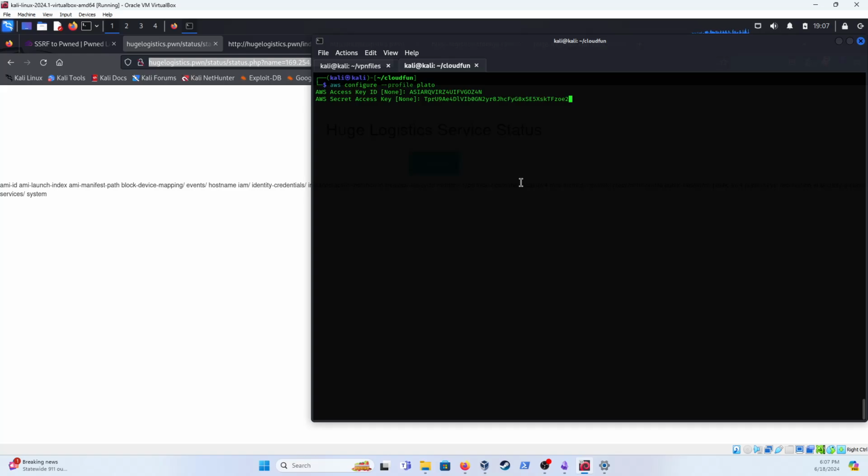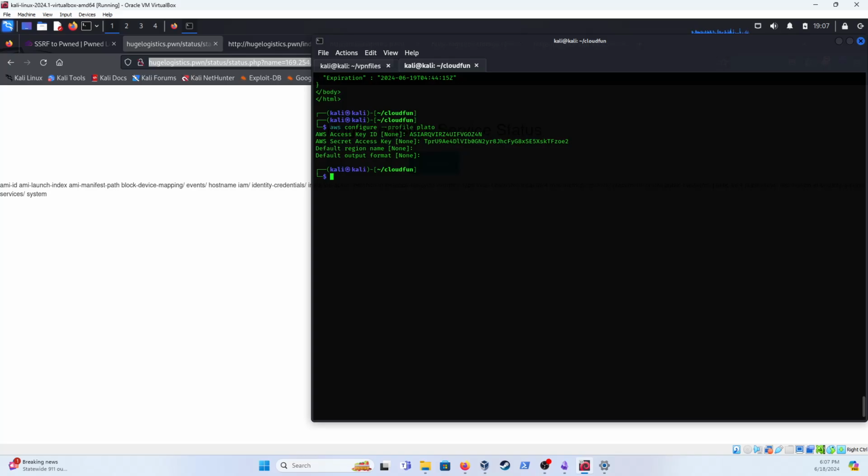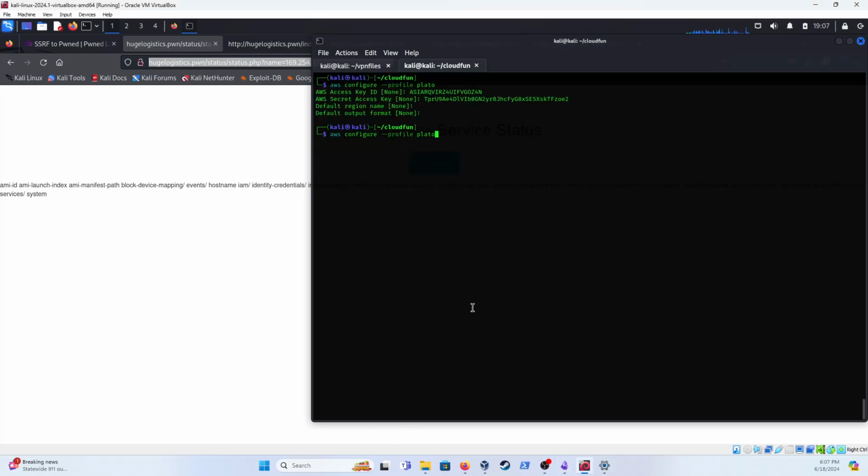All right, and then this can be default. And now what we want to do is do another aws configure, but this time we'll do our profile Plato, but this time we'll do set aws_session_token.